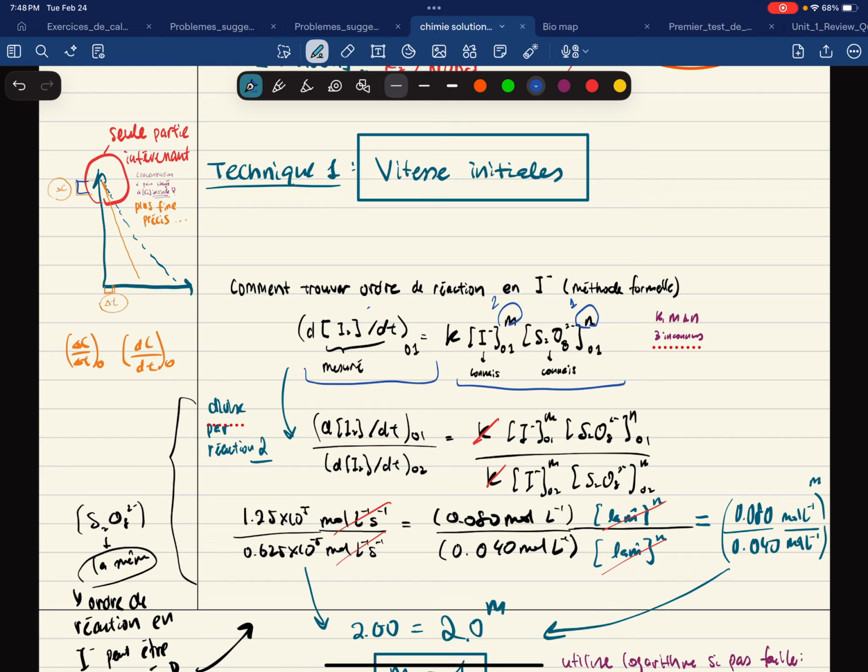So one was order 2, and then the other one was order 1. So if one of them became half the concentration and it was of order 2, well then the velocity will be quartered.